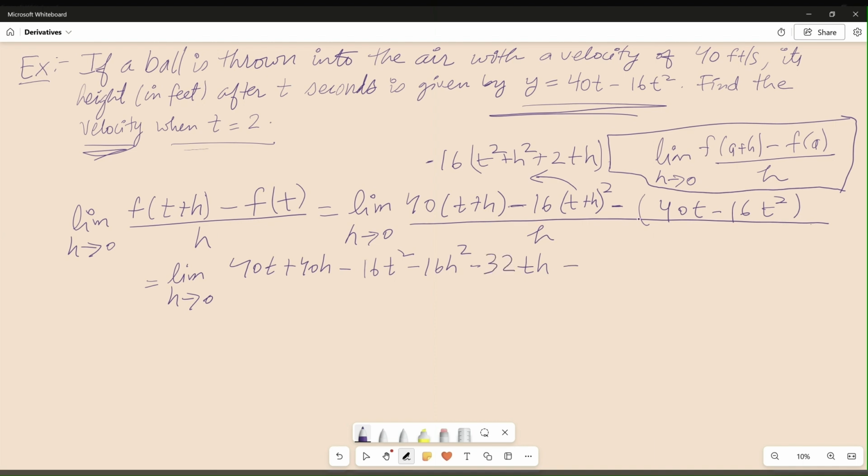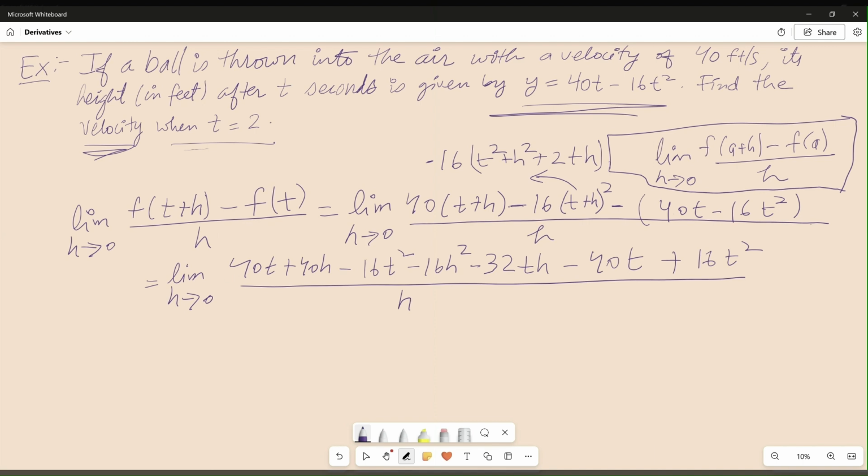Negative times 40t is negative 40t. Negative times negative 16t squared is plus 16t squared, divided by h.